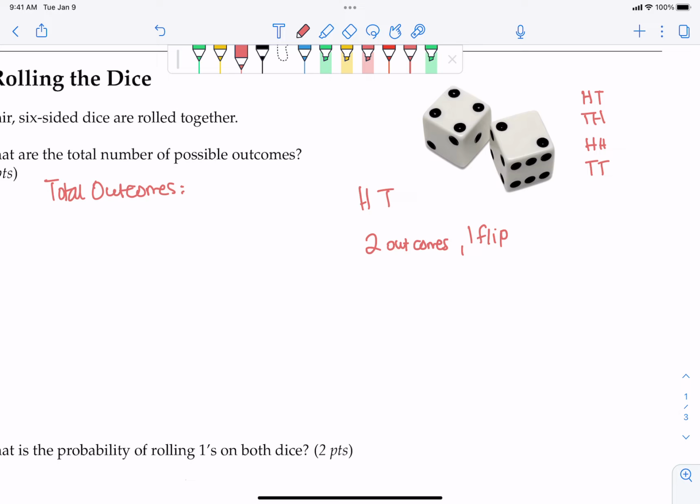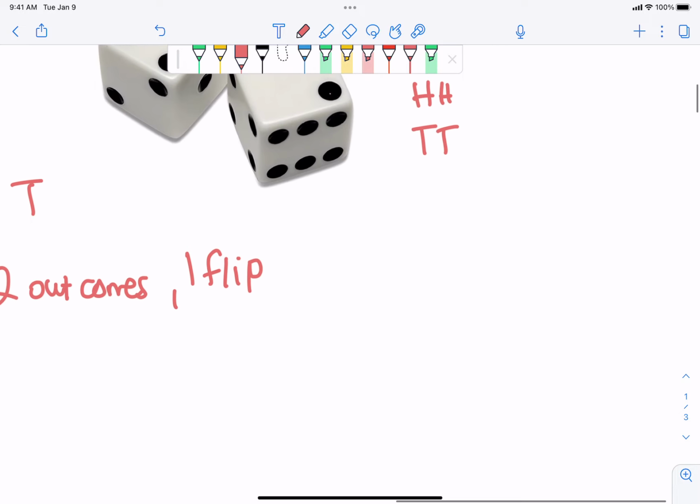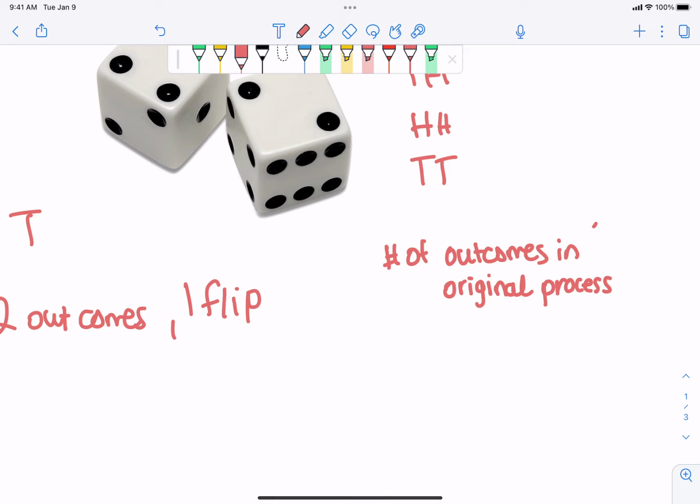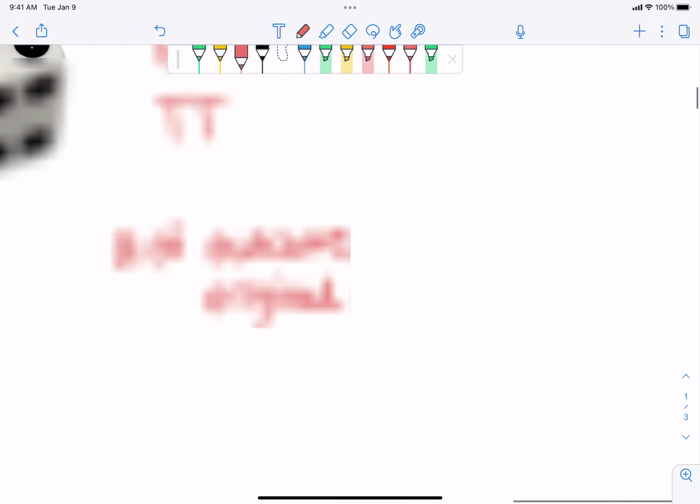So I can do a little formula here, which is basically taking the number of outcomes in the original process. So in the first flip of the coin, I can either get heads or tails. So the original process, and then raise it to the power of the number of times I repeat the process.